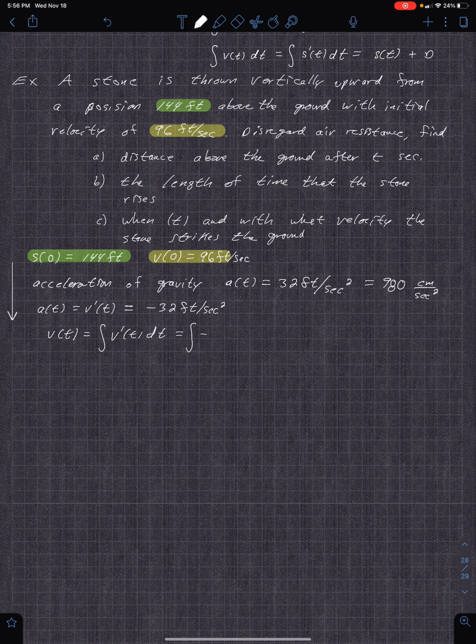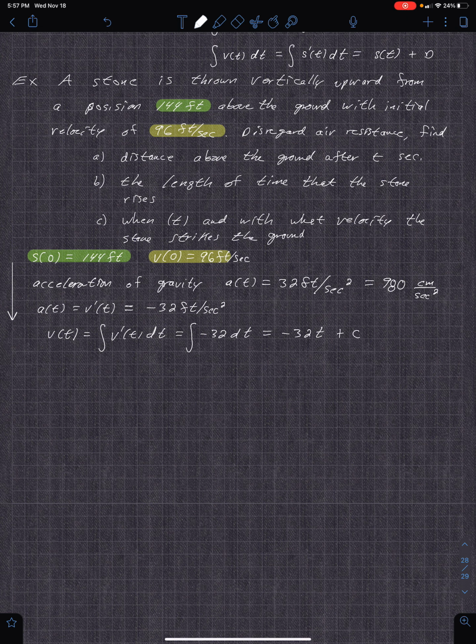So that's the integral of negative 32 dt. Right? So all I'm placing in there is your A of t, which is this. And it's just a constant, so you get t. So that's equal to negative 32t plus c.